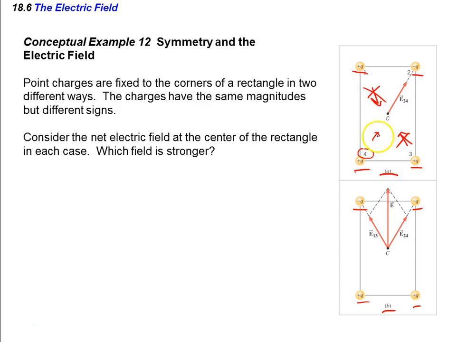So our result is just going to be the field that we get from 4 and the field that we get from 2 added together. Whereas in part B, we have both of those fields here. This field right here is equivalent to that field there, and we have two of them that we're going to add together as vectors, and so this electric field is a lot greater in part B.